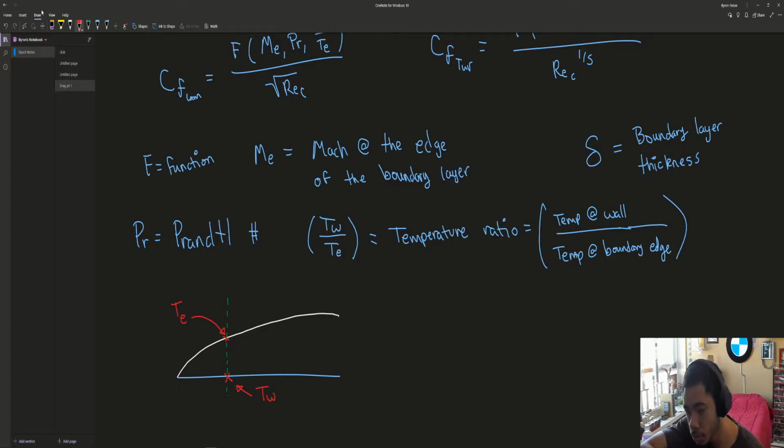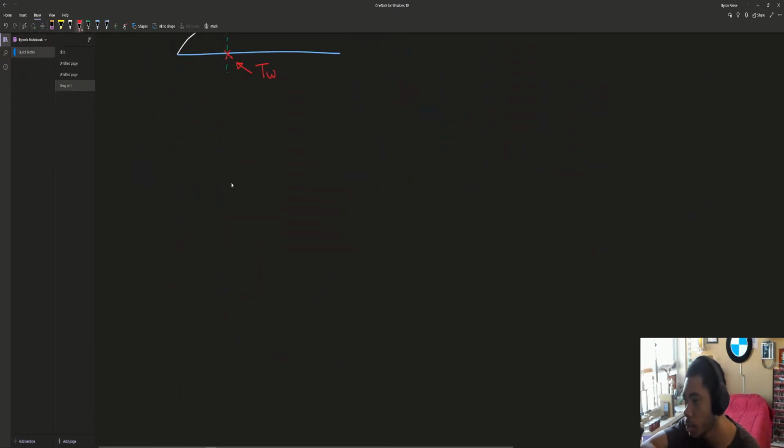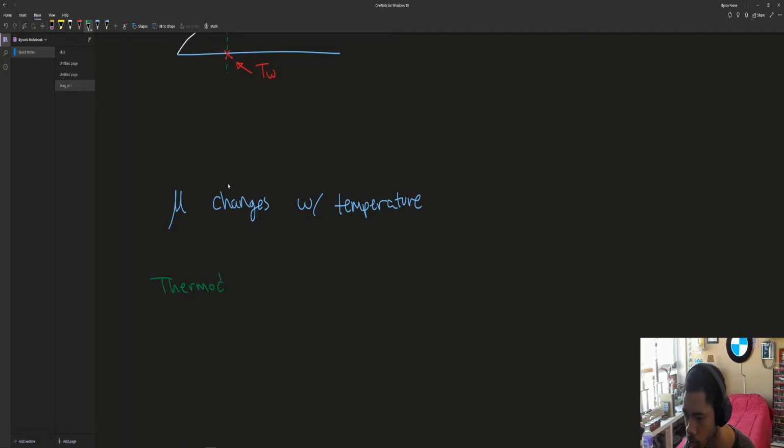Another thing that should be noted is that mu changes with temperature. In thermodynamics, you will learn that for gases, as the temperature goes up, mu will go up.